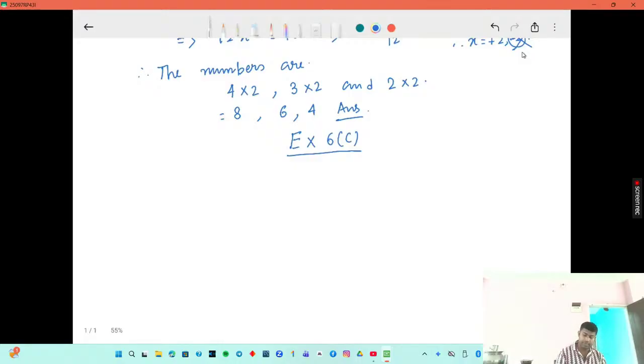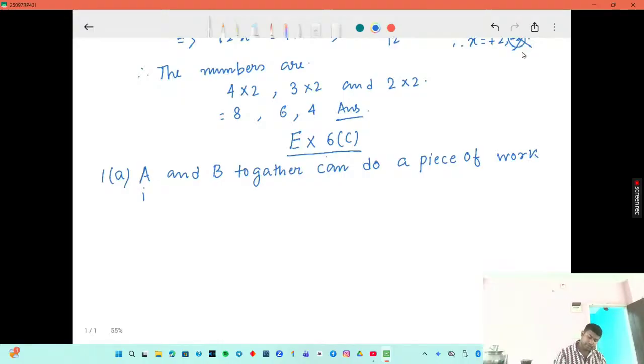Number 1: A and B together can do a piece of work in 6 days.